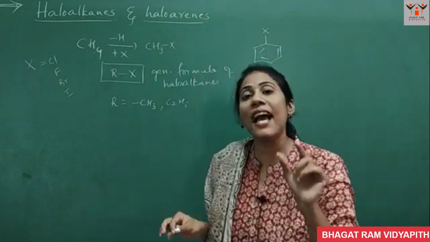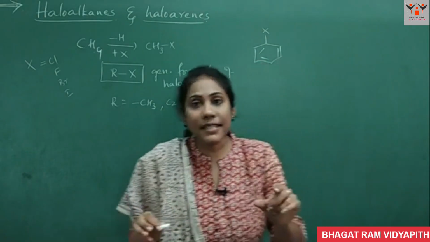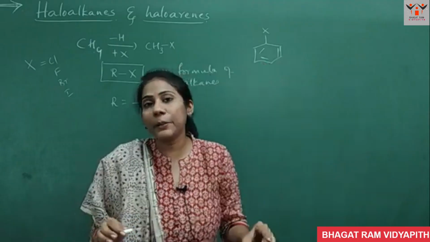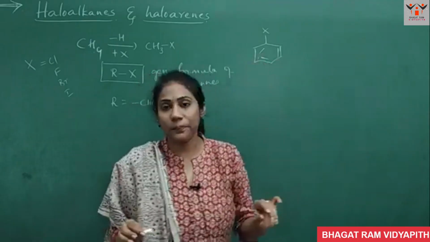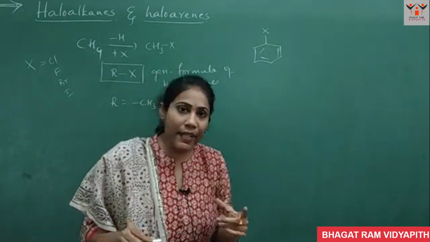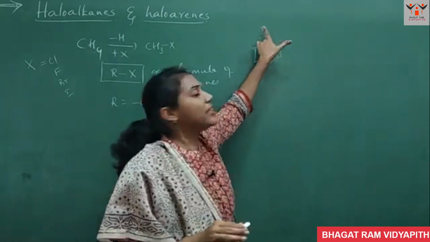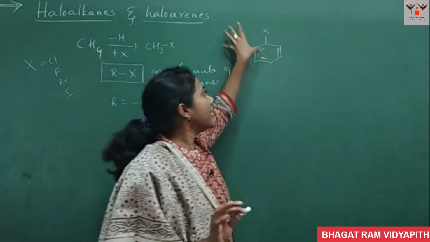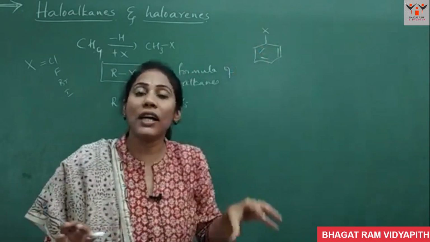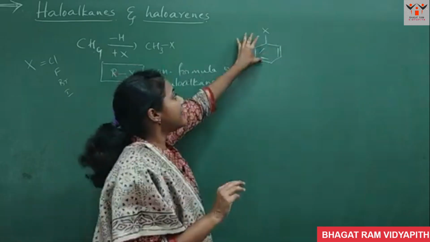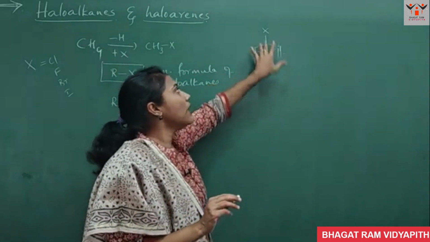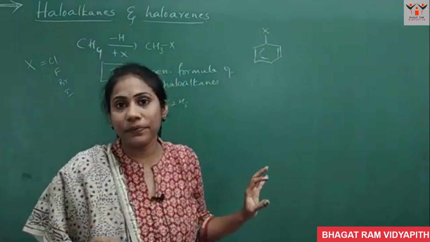Arene means aromatic compound. The best and simplest aromatic compound we have is benzene. So if I replace one hydrogen atom with any halogen, then I can call it a haloarene. Clear? And this is the general formula for haloarenes.